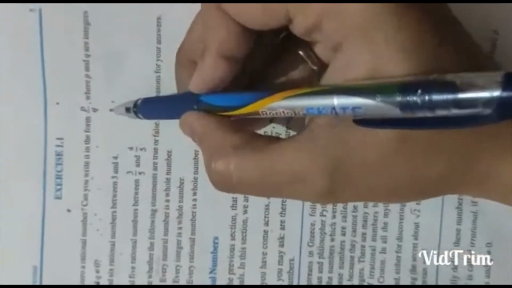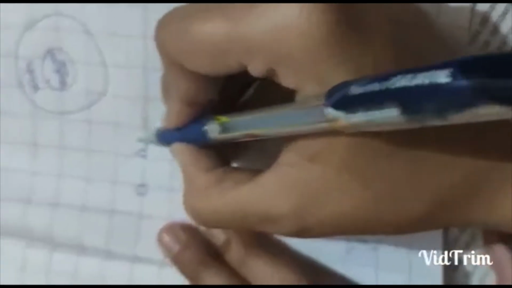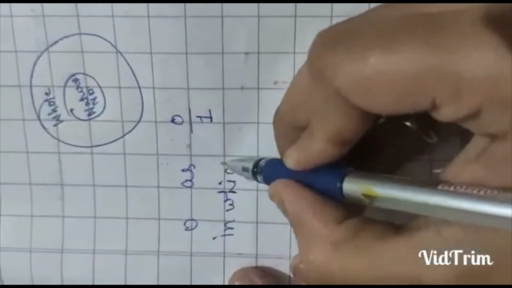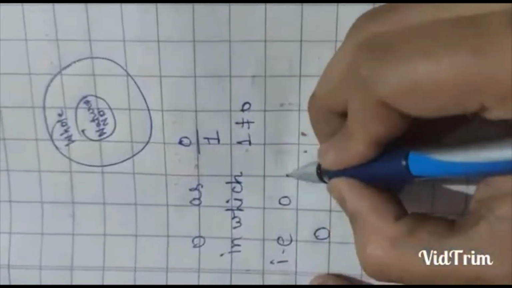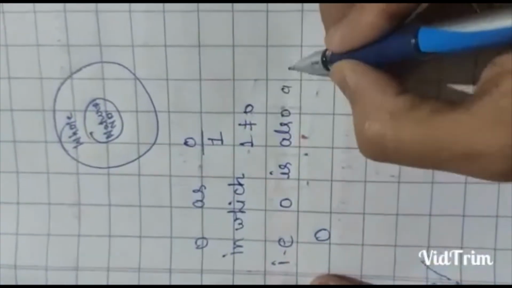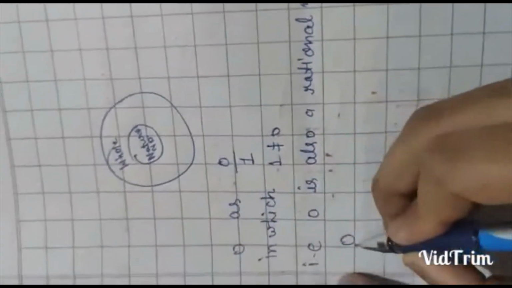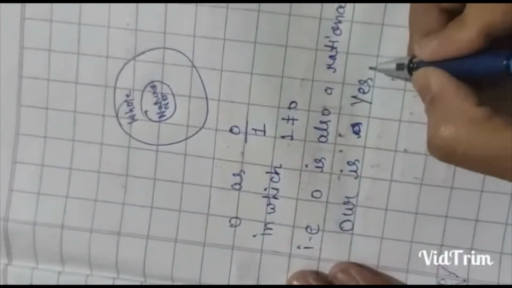We write 0 as 0 upon 1, in which 1 not equals to 0. It means 0 is also a rational number. So our answer is yes.